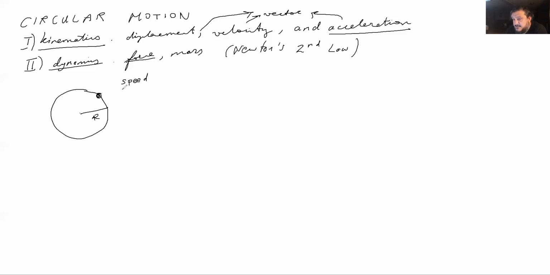Is this speed changing or not changing? Well, that will determine whether the motion is uniform circular motion or non-uniform. Both have r, okay? But the speed does not change for uniform. Constant speed.